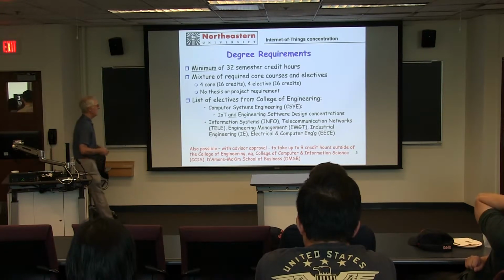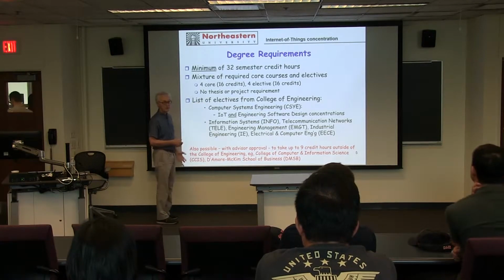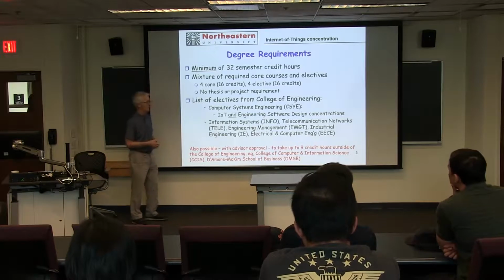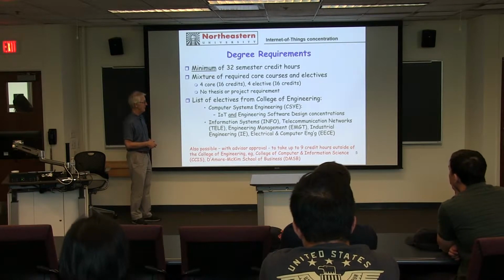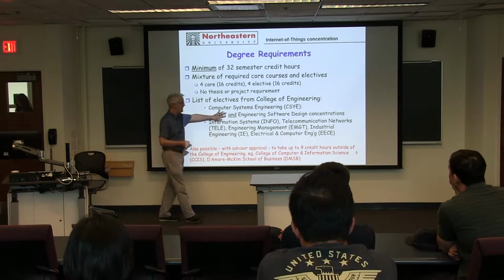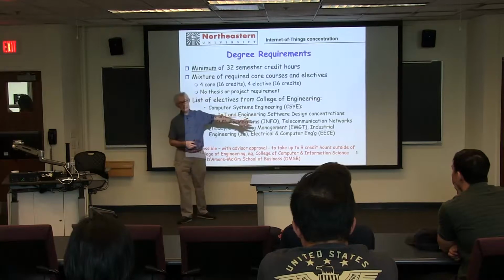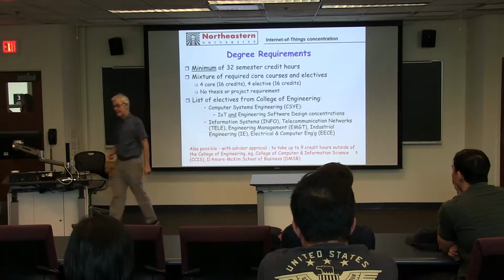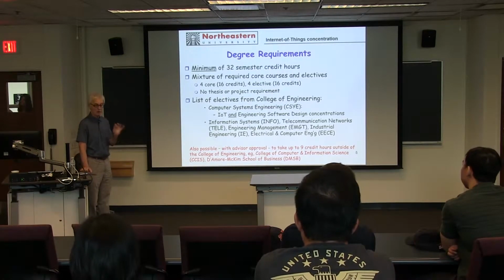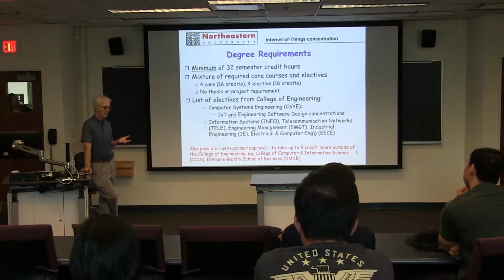So the electives you will take are generally going to be taken from different programs. Obviously from the computer system engineering program itself, which is basically a software engineering program and which has, as I mentioned, 2 different concentrations. The IoT concentration, which we're talking about here, and engineering software design, ESD, a separate concentration, but really hardcore software courses.